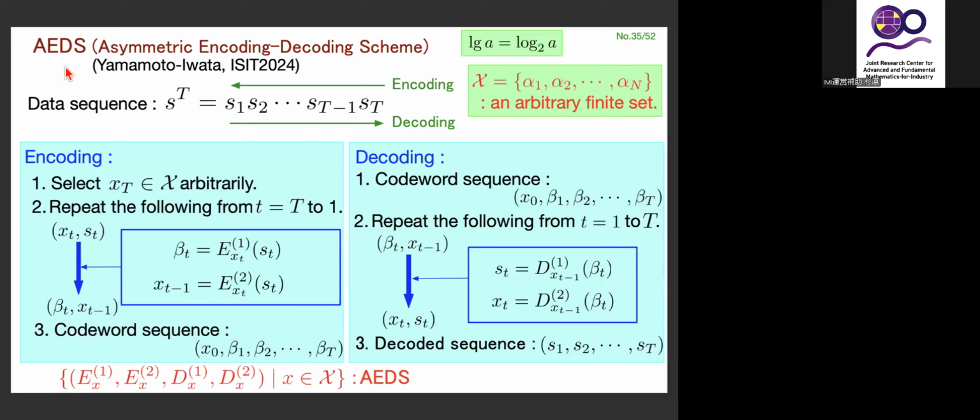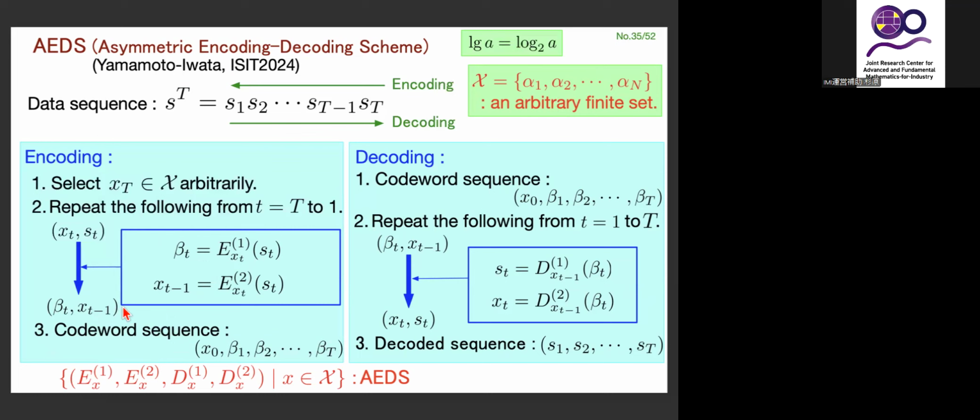Now we extend the ANS to the AEDS. AEDS was proposed by ourselves this year. We first generalize the set of internal states to an arbitrary finite set, alpha 1 to alpha n.